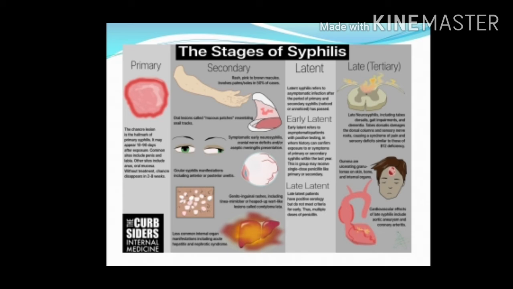Then in the secondary stage, you can see symptoms like rashes all over the body, condylomata in genital areas, sores, etc. In the tertiary stage, the bacteria in syphilis attack almost all body parts, including the heart and central nervous system.